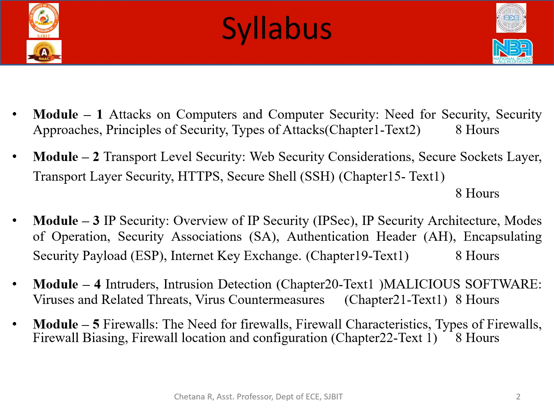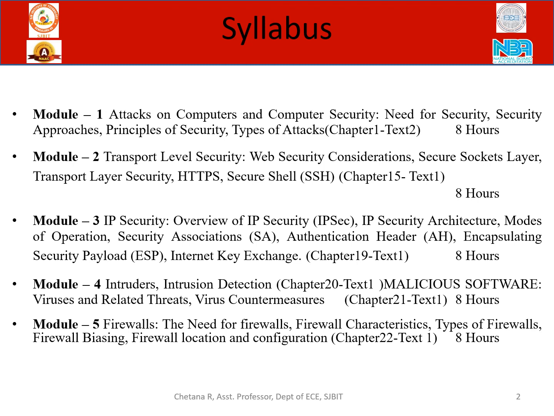We'll find out who the intruders are, or in other words the hackers, and how to detect them. You also have the software part, categorized as malicious software or malware, where viruses and the related threats associated with viruses are discussed, along with countermeasures for avoiding viruses.